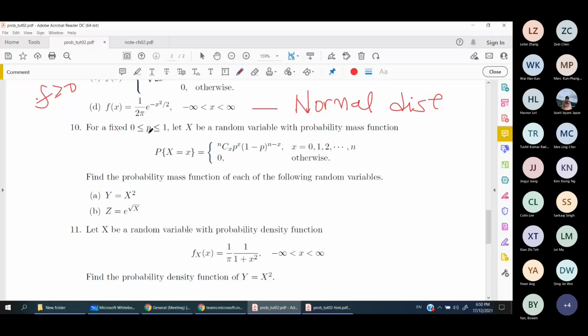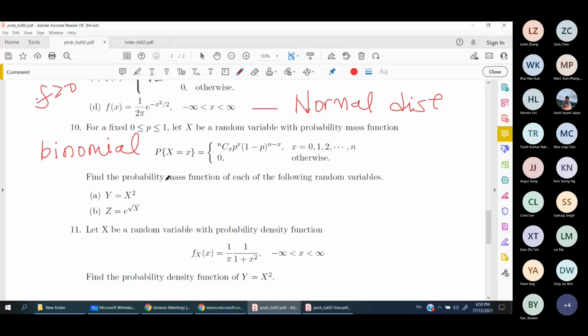As usual, P will stand for the probability of success, or fail, depending on what event you want to consider. Let's say P is the probability of success. X is a random variable with a probability mass function. If you look at here, I think you guys should know, this is actually the mass function for a binomial distribution. But it doesn't matter, it's given.